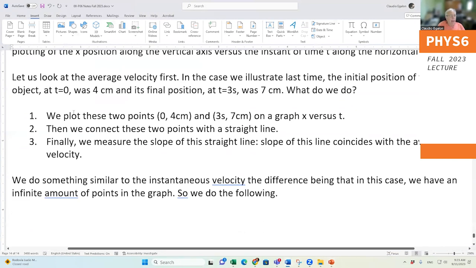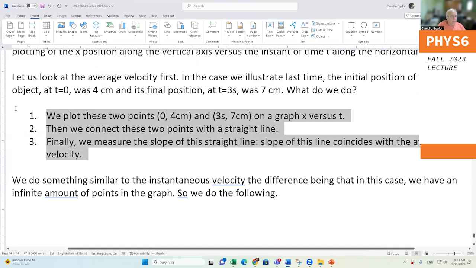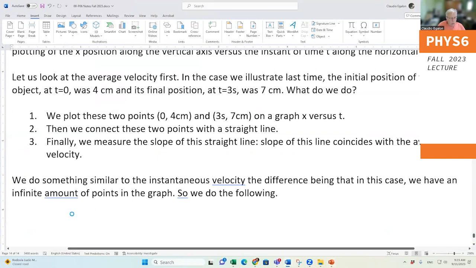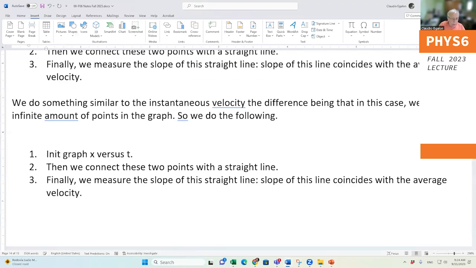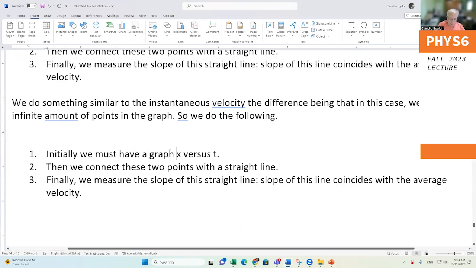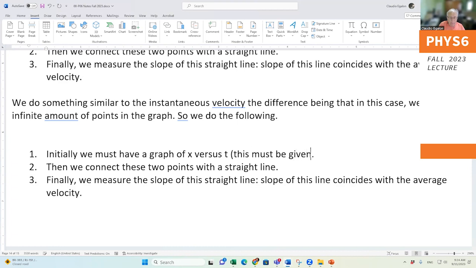One, initially, we must have a graph of x versus t. This must be given. Okay.